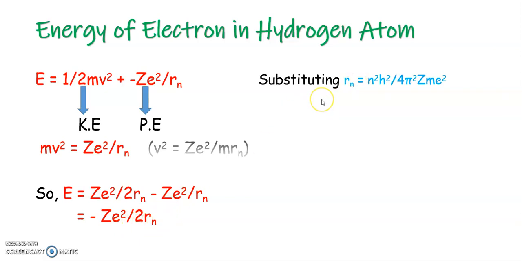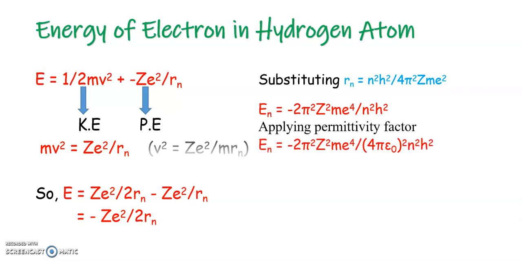Substituting for the radius, the energy of the electron in the nth orbit can be written like this. This is the famous Bohr equation applicable to hydrogen and hydrogen-like atoms such as He plus, Li2 plus, beryllium 3 plus, etc. In the SI system, we can have the energy equation like this.